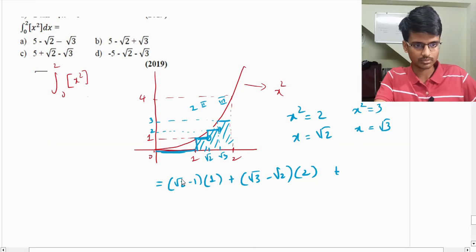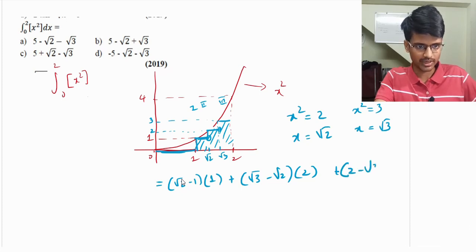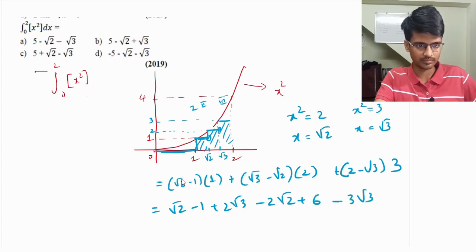So for the third rectangle, it is 2 minus root 3 times 3. So if I simplify all of this, I get root 2 minus 1 plus 2 root 3 minus 2 root 2 plus 3 twos are 6 minus 3 root 3. I get 5, this 2, this gets minus root 2 and minus root 3.